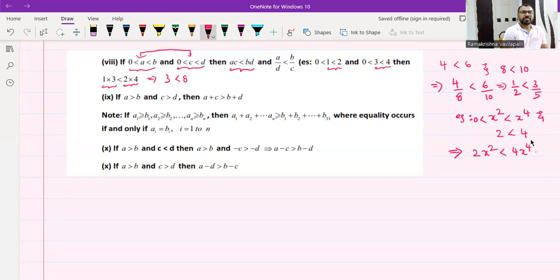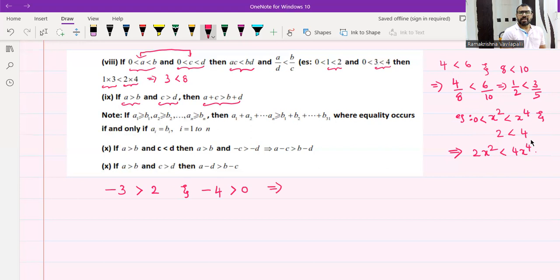At the same time, here you see A is greater than B, C is greater than D. Now we can add these two inequalities directly, but cannot be subtracted. For example, minus 3 is greater than 2 and minus 4 is greater than 0.